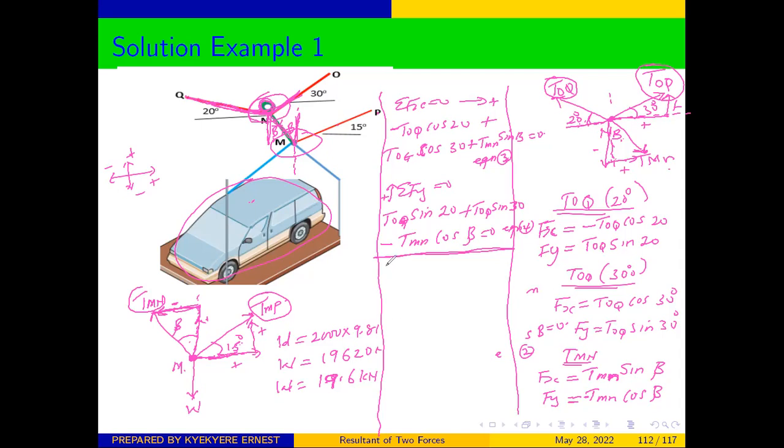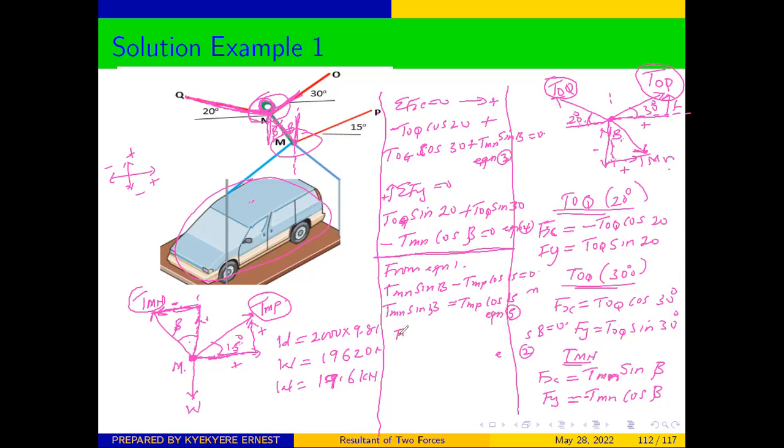So let's see, from equation 1, we find out that TMN sine beta minus TMP cos 15 is equal to 0. So from here, we can say that TMN sine beta will be equal to TMP cos 15. Now we can call this equation 5.